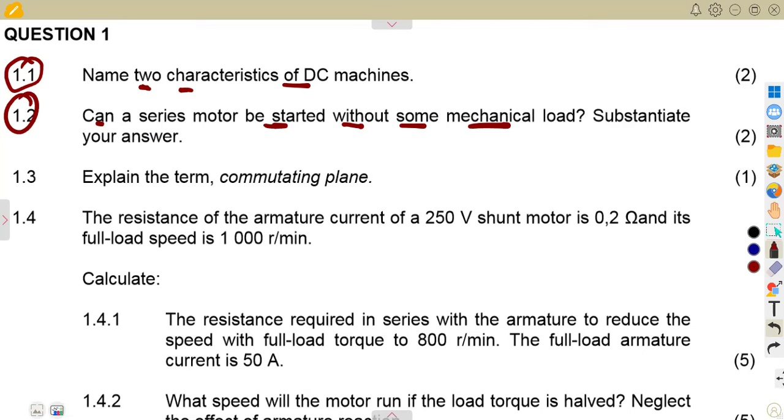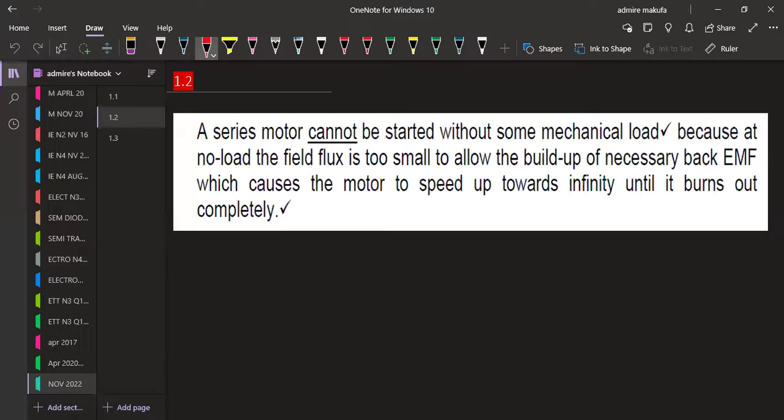So like I said, this is a question. We know that this cannot happen, all right? So a series motor cannot be started without some mechanical load because at no load, the field flux is too small to allow the build-up of necessary back EMF, which causes the motor to speed up towards infinity until it burns out completely.